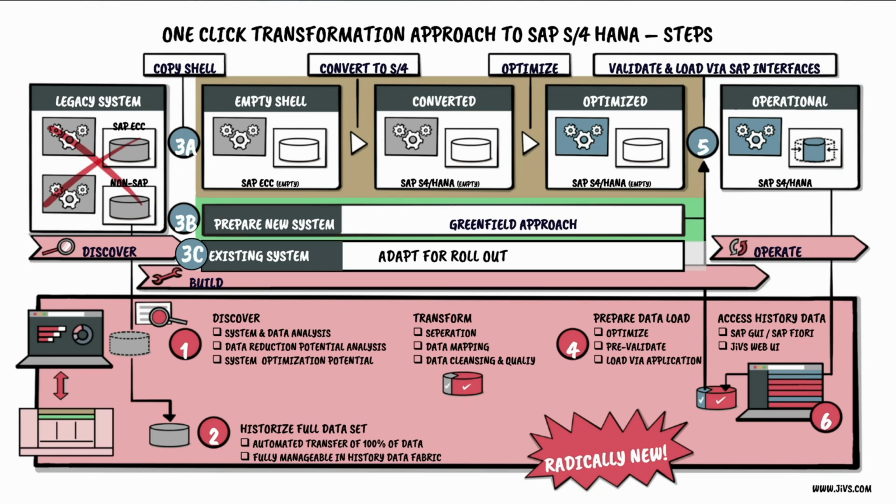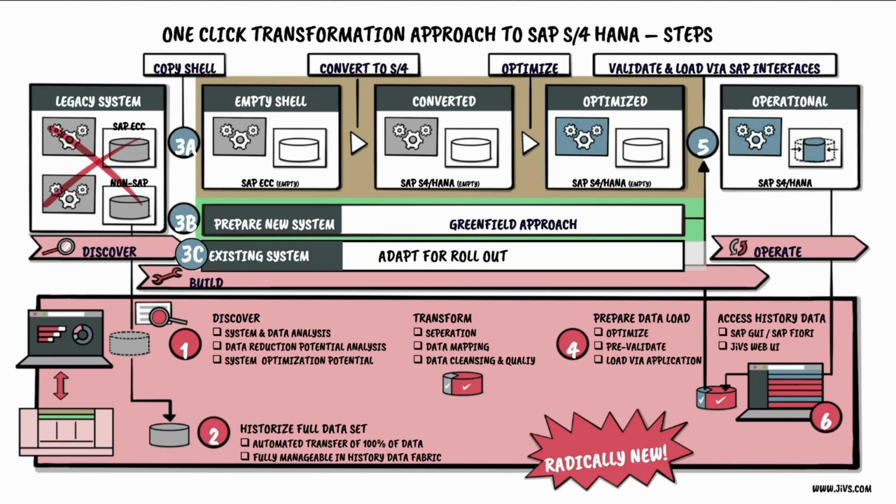So this is just the migration approach then. If you think about that, the data is available, it's in a transparent format, and you can access it out of S4. What it means is, in our approach, we typically do a greenfield approach with a lot of the brownfield benefits. So we only move open items and master data to the future core.